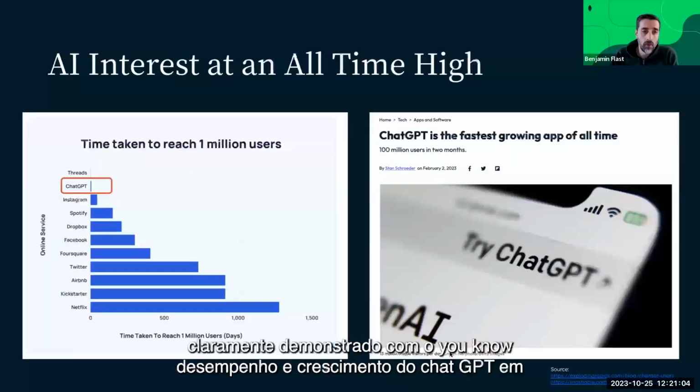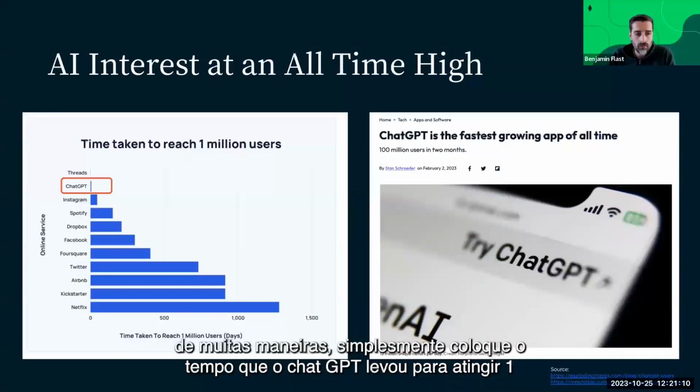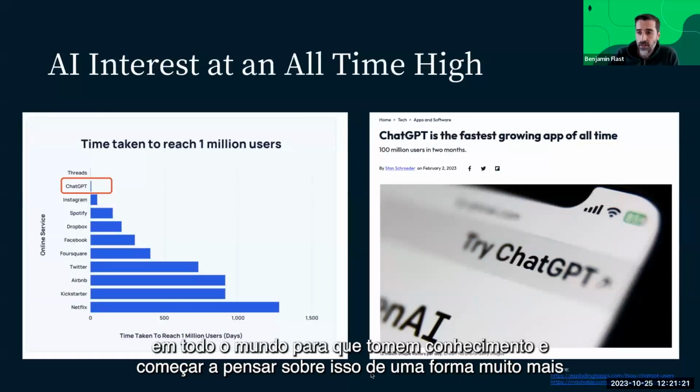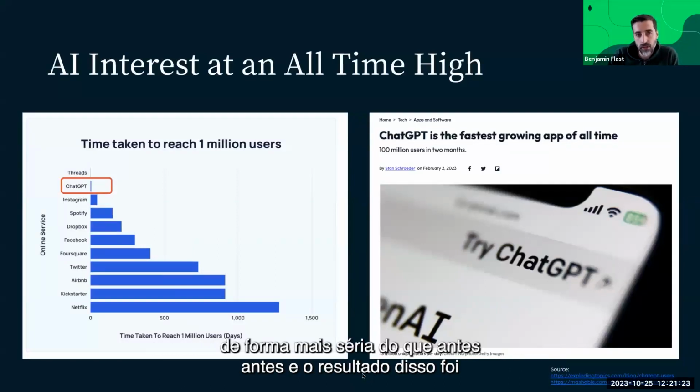This was most clearly demonstrated with the performance and growth of ChatGPT in many ways, right? Simply put, the time it took for ChatGPT to reach 1 million users was very impressive and staggering. And it drove people all over the world to take notice and start thinking about this in a much more serious way than they had been before.